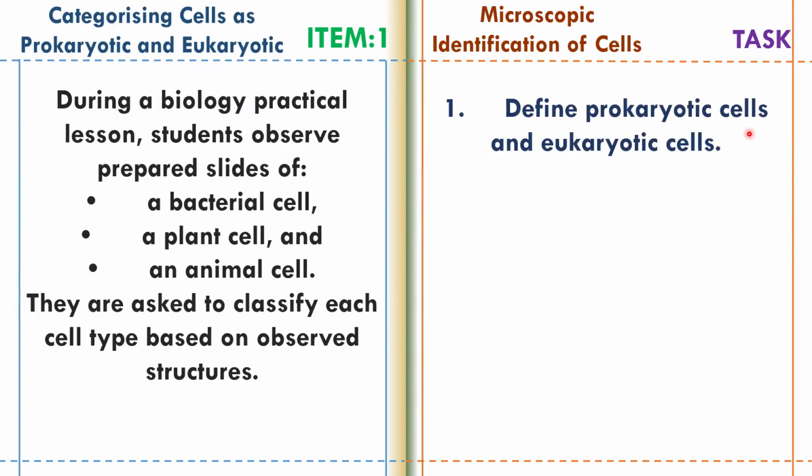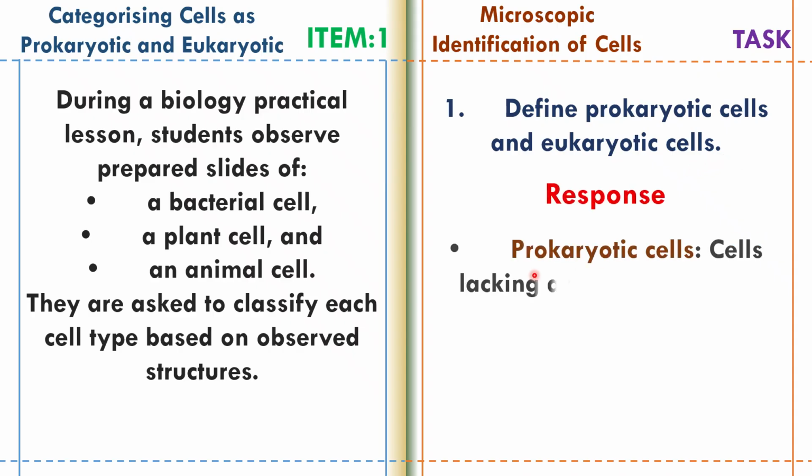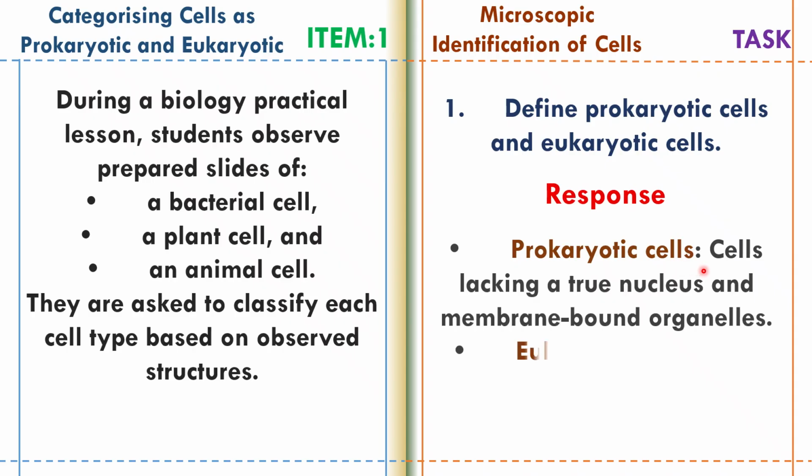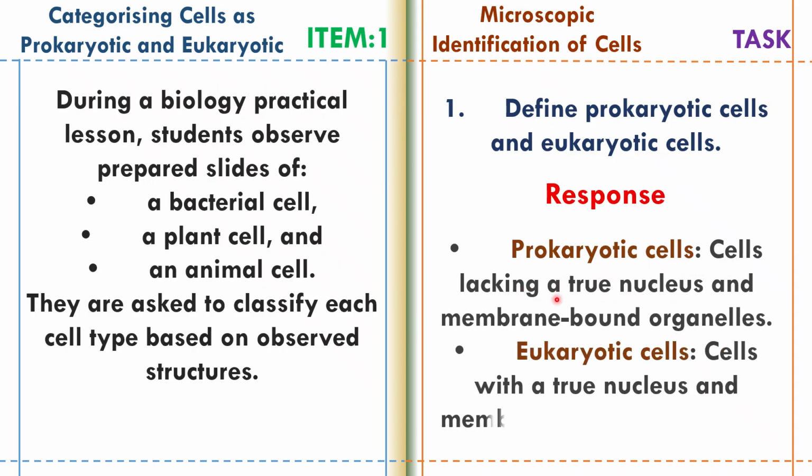Define prokaryotic cells and eukaryotic cells. Prokaryotic cells are cells lacking a true nucleus and membrane-bound organelles. Eukaryotic cells are cells with a true nucleus and membrane-bound organelles.